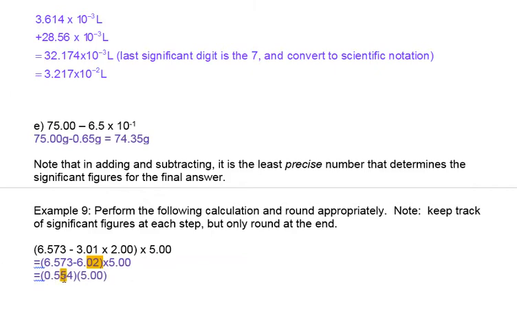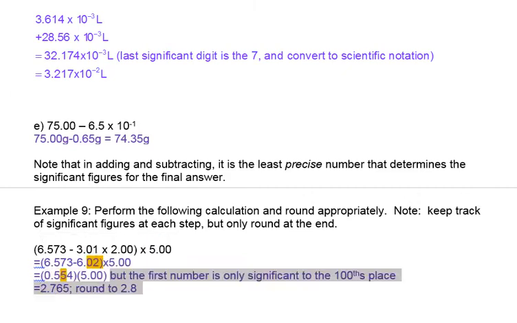So I have 0.554 times 5. So I've got 2 significant figures times 3 significant figures. I'm going to be using my multiplication rule, which is the least number of significant figures. In the previous step, I was using my addition and subtraction rule, least number of decimals. In this step, I'm using my least number of significant figures, remembering that the highlighted point tells me where my last sig fig is.